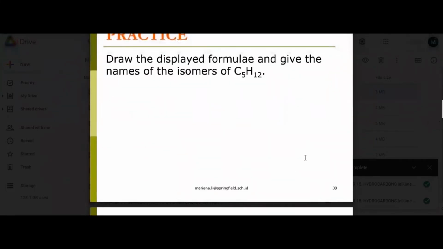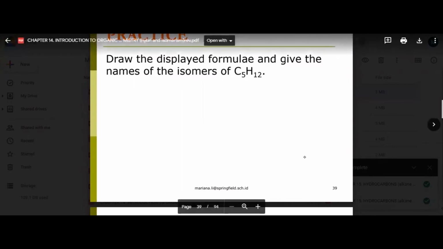Draw the displayed formula and give names for isomers of C5H12. Okay, let's discuss this. The first thing you should do is identify the functional group inside this molecule.